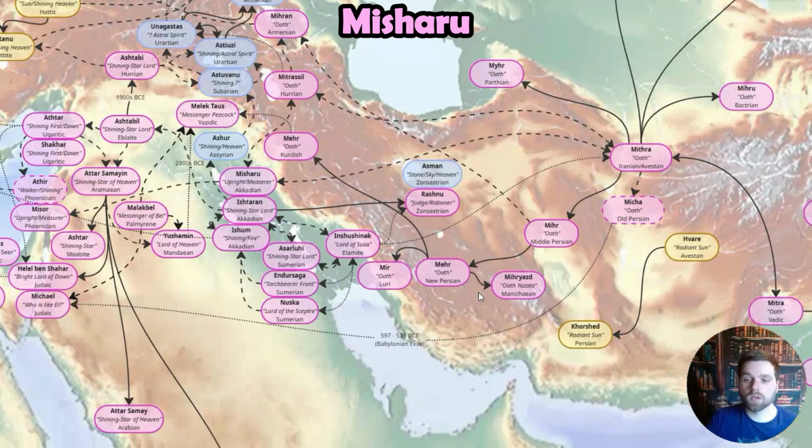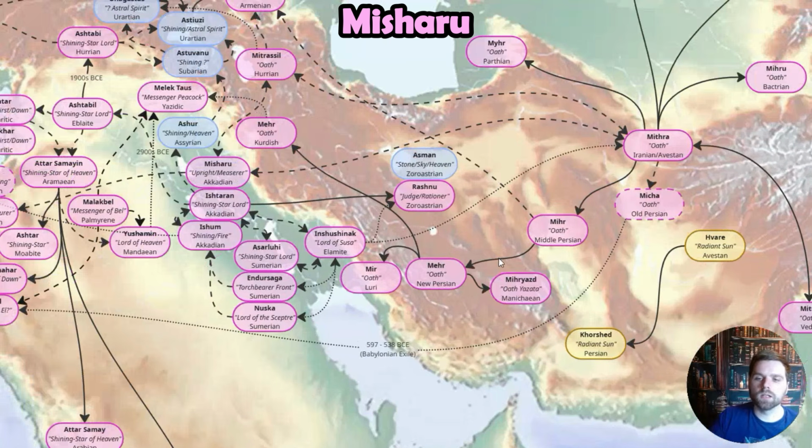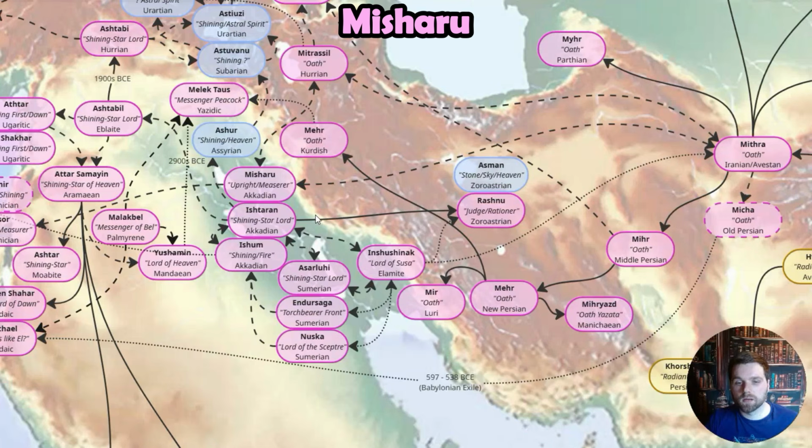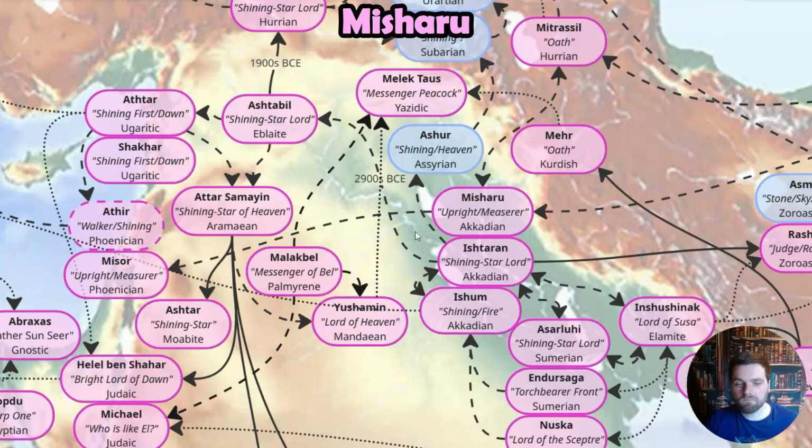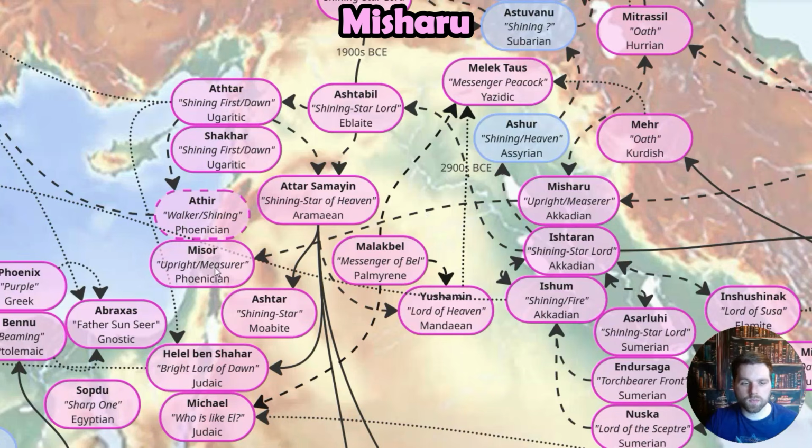And then going along with the idea that Mithra, if he was an Asura, was probably a pre-Indo-European deity in the region, my hypothesis for this, or my guess for this, is something I discovered in Semitic mythology. This character here, Misharu, and his Phoenician variant Misor.